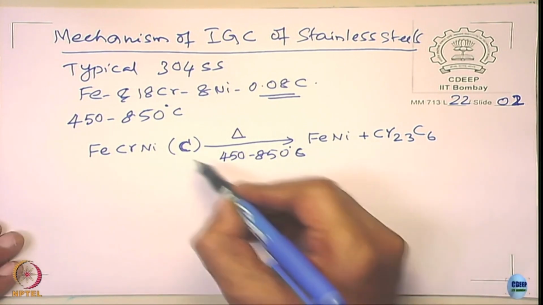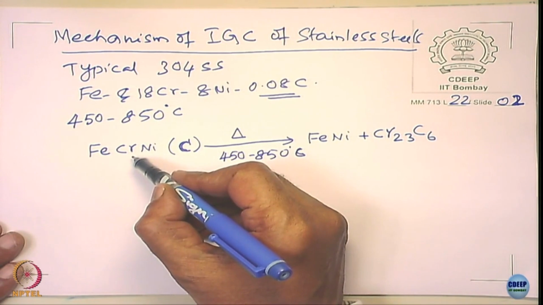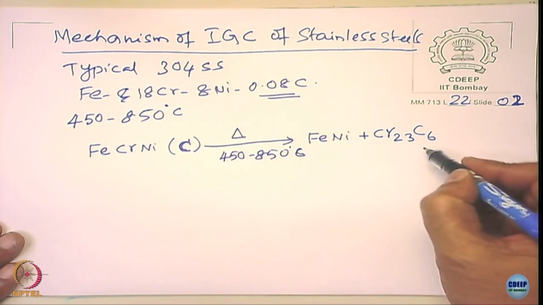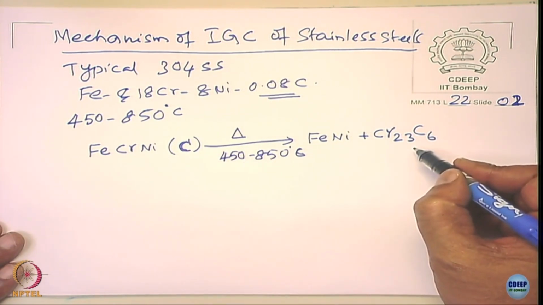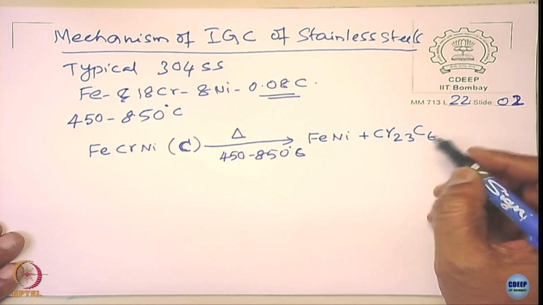So the carbon combines preferentially with chromium and forms chromium carbide.